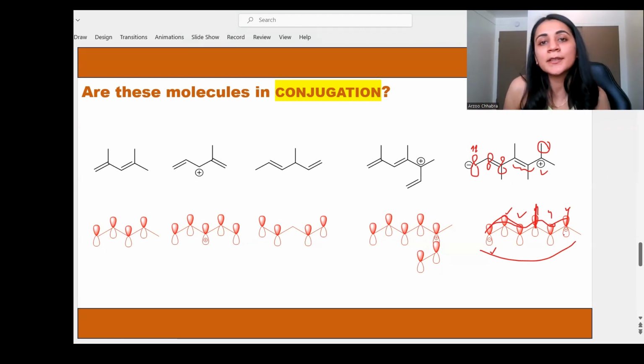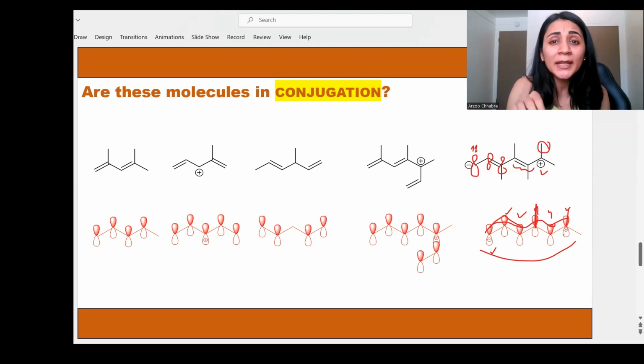The negative charge present on oxygen is sitting in the p orbital of that oxygen, or the lone pair sitting on that oxygen is also sitting in the p orbitals of that oxygen atom. So they are also responsible for conjugation, and as a result can lead to resonance structures in the molecule. So if you see those compounds as well, you would also include them as conjugated molecules.